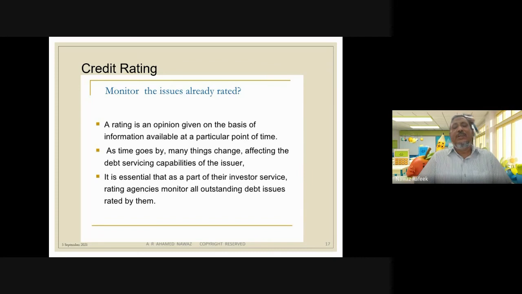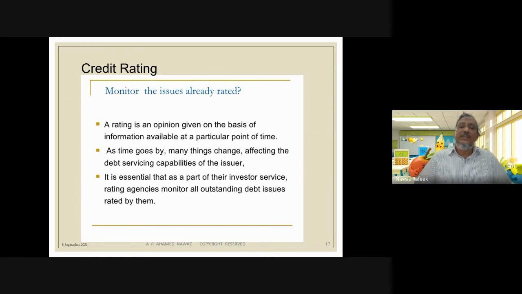So it can change over a period. Even when the banks are doing well but the country's situation is bad, the rating will go down. Take today's context, the pandemic situation. You never expected a company to close down its business and run at a loss. So debt servicing capabilities may change.